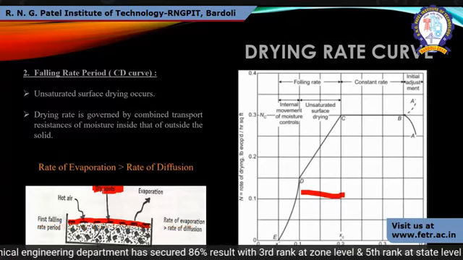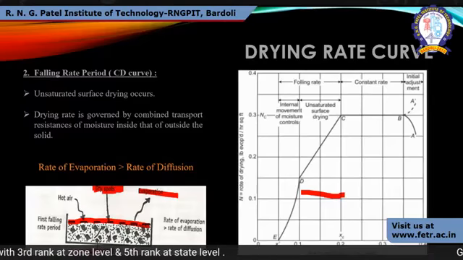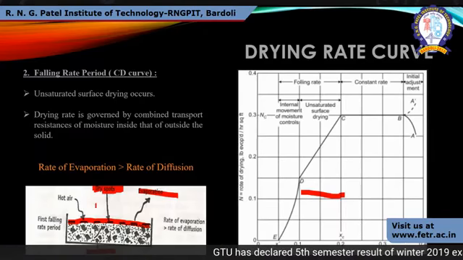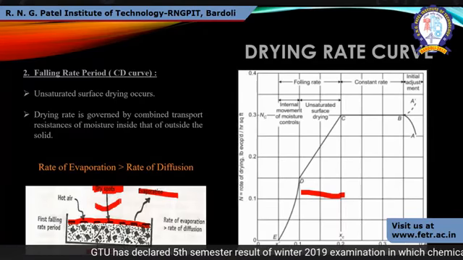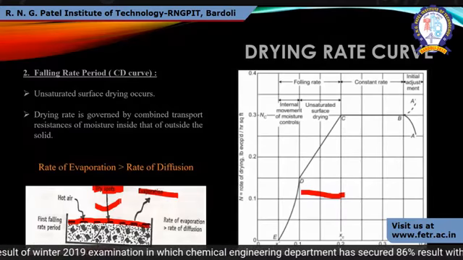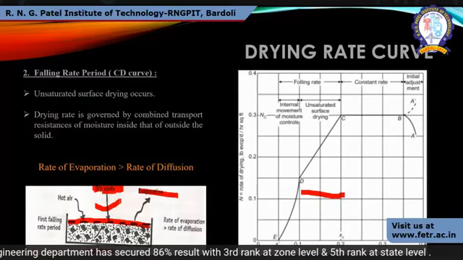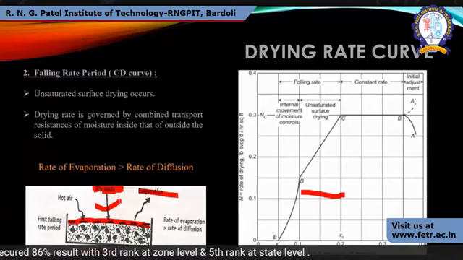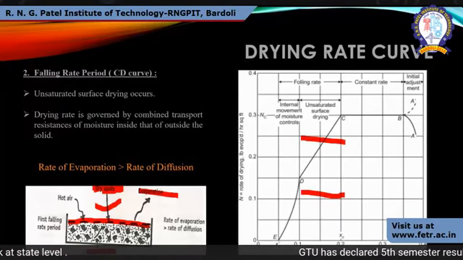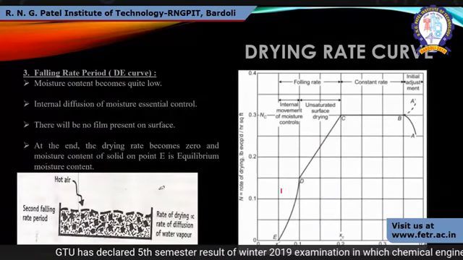Here the rate of evaporation is greater than the rate of diffusion, and the dry spots keep increasing. Initially, say, 0.5 centimeter, then 1 centimeter, then 2 centimeter dry spots. So the dry spots increase. This is point C to D, where there is a straight line decrease. Then third is the curvature nature.